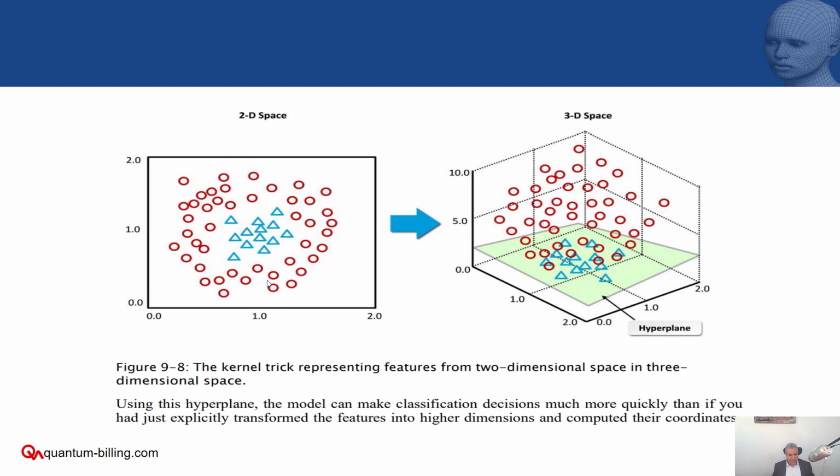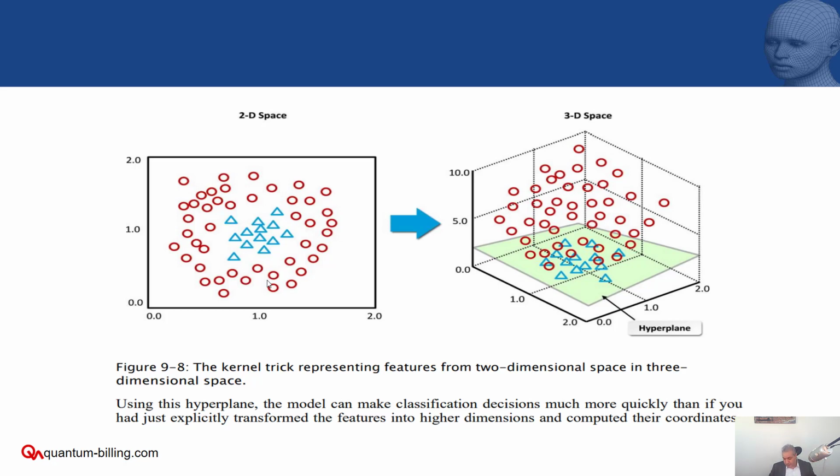It will be computationally efficient and much faster. So the kernel trick is applying a kernel in the lower dimension, then transforming the result into the higher dimension. Let me give you an example with an equation about the kernel and how we can apply it.